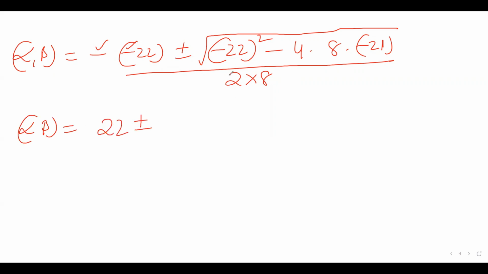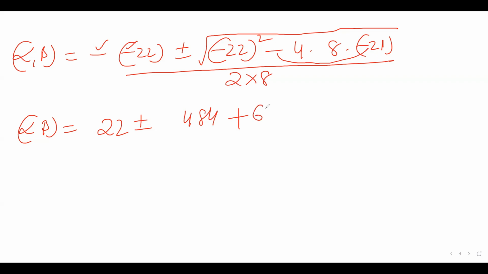22 plus or minus 22 square is how much? Can any one of you tell what is 22 square? 484. Here minus into minus, it becomes plus. Let us multiply 4 into 8 into 21.